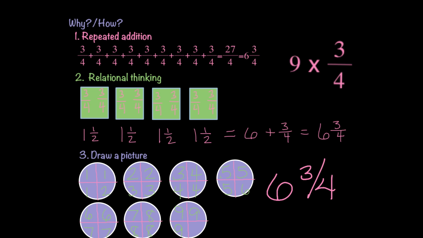Now, if I asked you the question, between what 2 numbers does my answer lie? You would say what? Between 6 and 7, right? Because 6 3/4 is between 6 and 7.